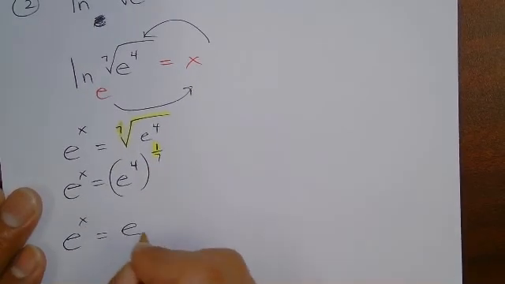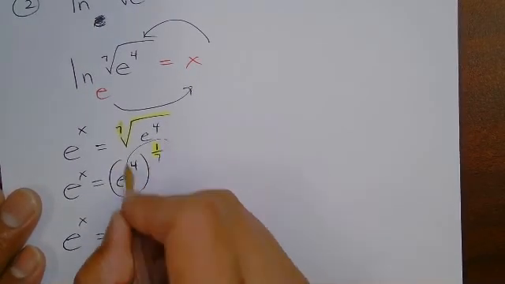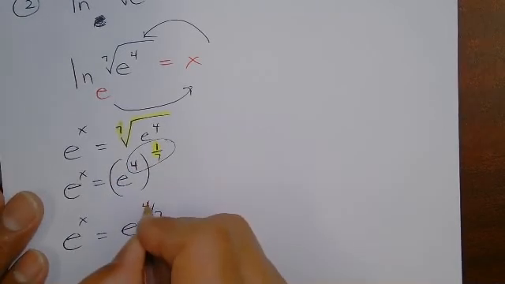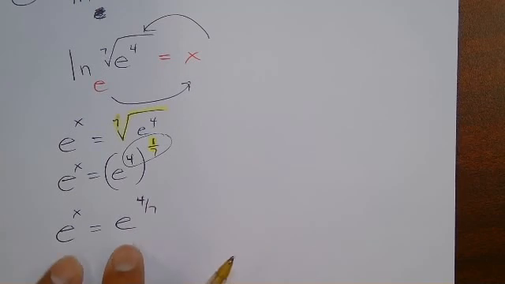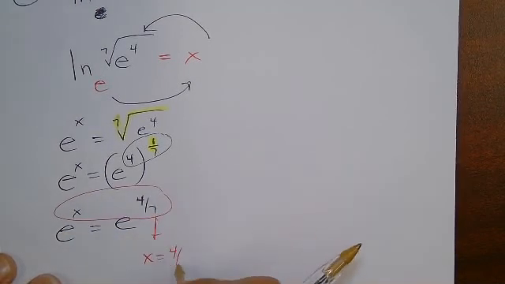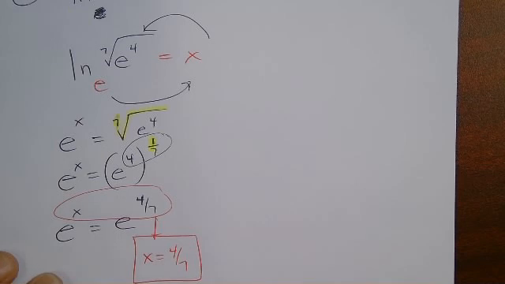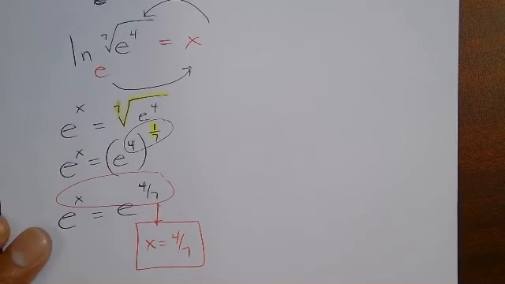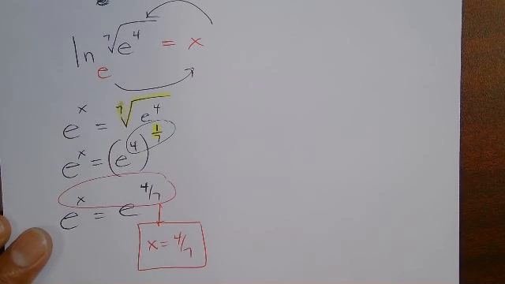And so you're going to get e to the x is equal to e to the, and when you multiply, remember the 4 is in the top, the 7 is in the bottom, 4/7. Okay? Now that I have the bases the same, this is equal. Okay, there it is. Good luck.